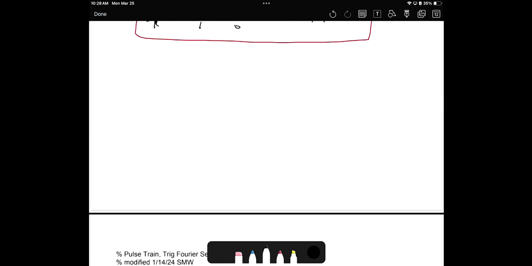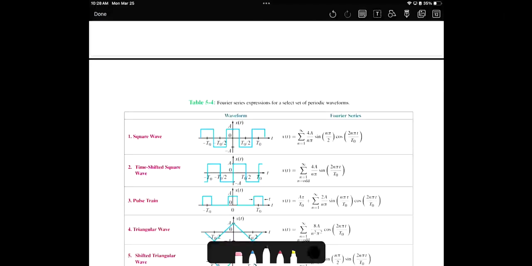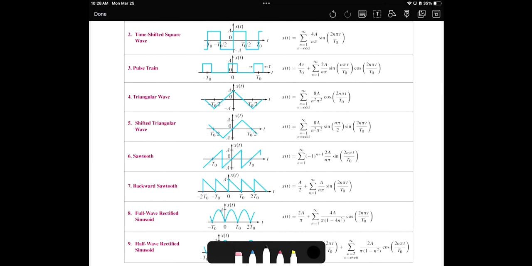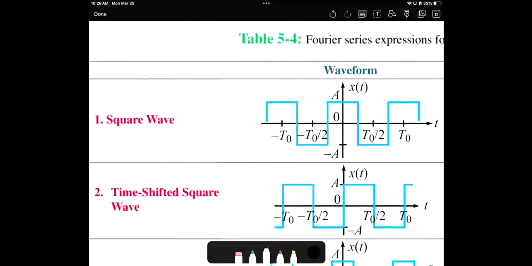Now, let's look at this table, which is an example of non-periodic signals and how we can represent them with a Fourier series. We have a square wave.